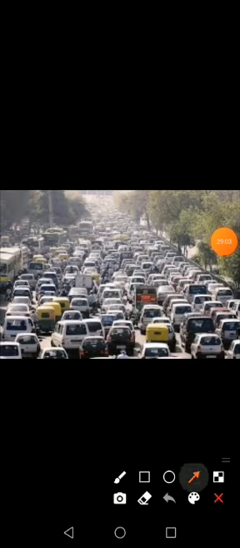The next one is traffic. What does traffic mean? This is the traffic. Can you see? So what does traffic mean? Traffic is vehicles moving along the road.